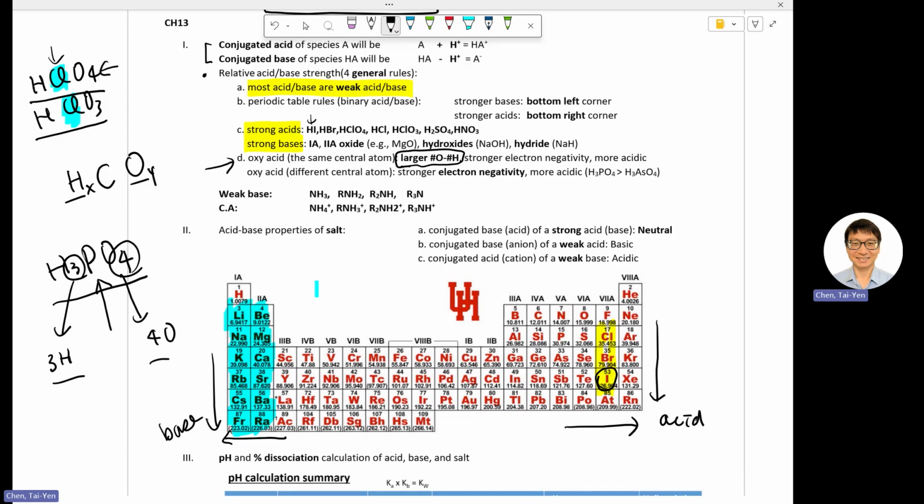And the reason is very simple: because you have one more oxygen, you make the central atom more electronegative. Once that part is more electronegative, it's easier for it to give up the H plus. So that's one way to tell which one is stronger. But sometimes you're going to see examples like this.